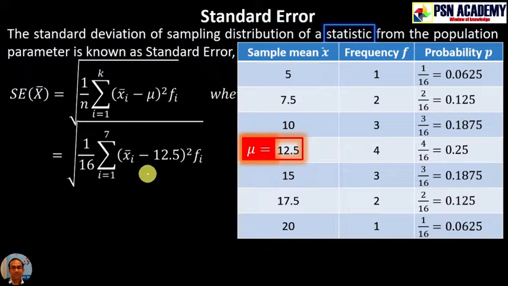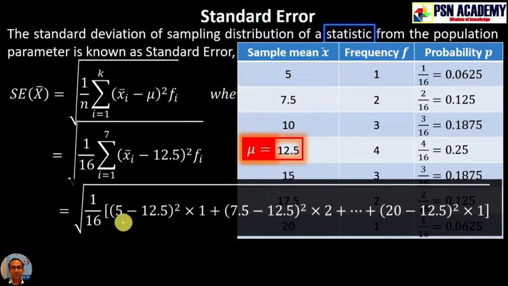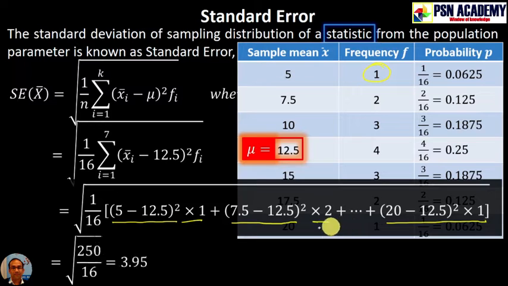So we get 1 by 16, this xi bar minus 12.5 whole squared, and multiply this term with the corresponding fi's, and it will go like this: 5 minus 12.5 whole squared multiplied by 1, frequency 1, 7.5 minus 12.5 whole squared multiplied by 2. In this way, you go up to this 7th row, and you get 3.95 as the standard error.